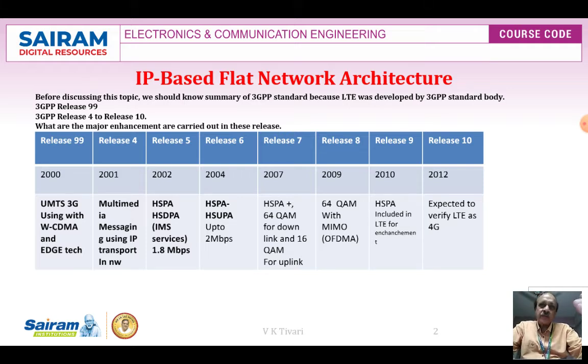Before discussing this topic, IP-based flat network architecture, we should know the summary of the 3GPP standard, because LTE was developed by the 3GPP standards body. 3GPP was first used in GSM technology in release 99, which was published in 2000, whereas releases 4 to 10 are displayed here.